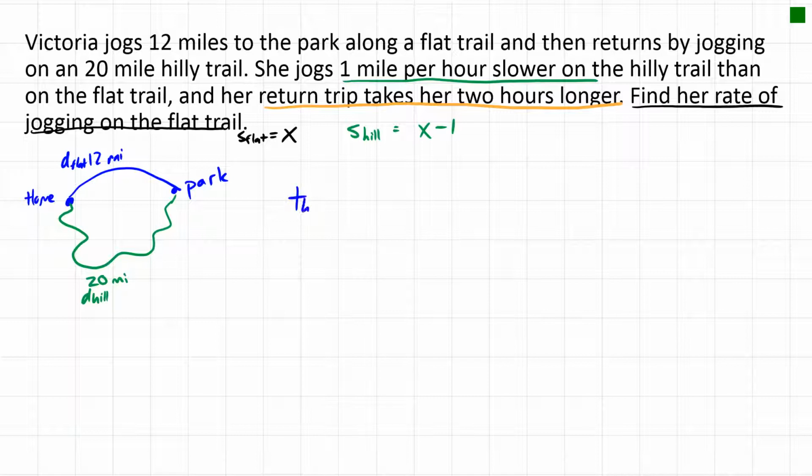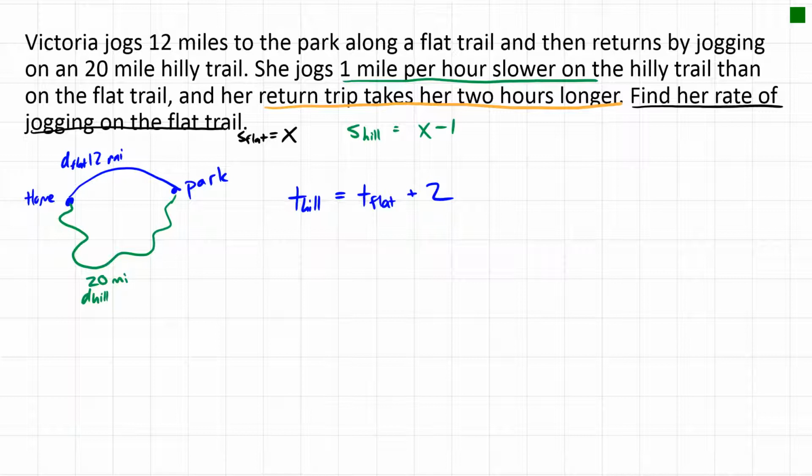The time to do the hilly trail is equal to the time it takes to do the flat trail, t flat, plus 2 extra hours. So that's how those two equations are related. Time to complete the hilly trail is equal to the time to complete the flat trail plus 2 extra hours, because it takes longer on that long, hilly, slower trail.